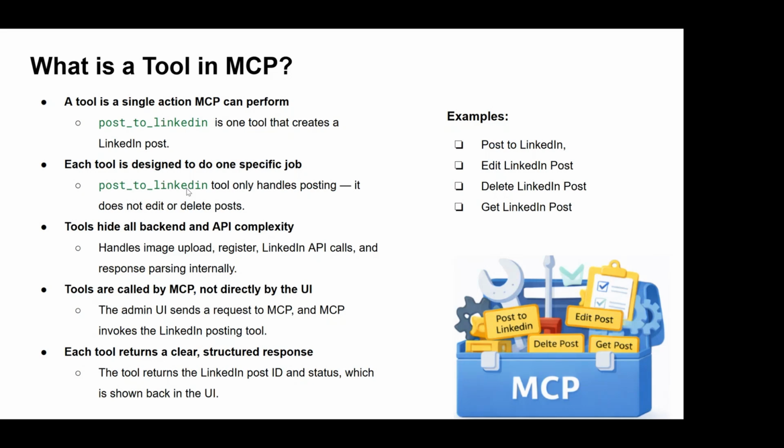It won't do any other task like deleting a post or editing a post. Each tool does only one task. So these tools are going to simplify and modularize your tasks. That is the reason only one tool will perform one task.